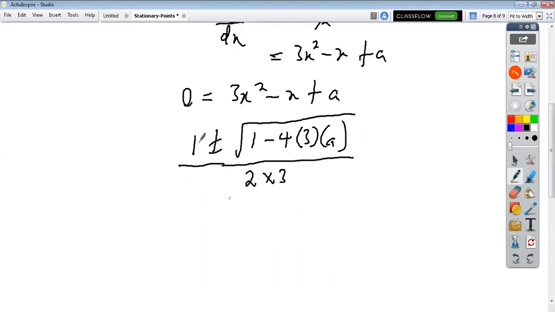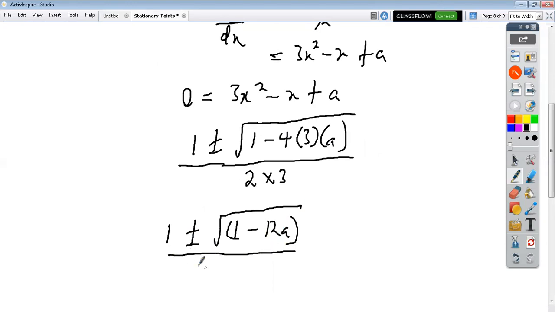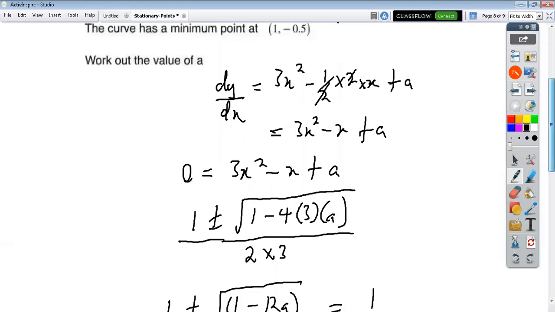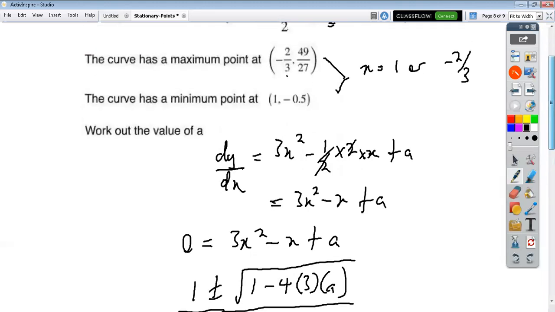So if we do that, we get 1 plus or minus the square root of 1 minus 12a, over 6. It's giving us which solution? 1. We can work with the 1 so far, or with the other solution, it doesn't matter, it gives the same answer.